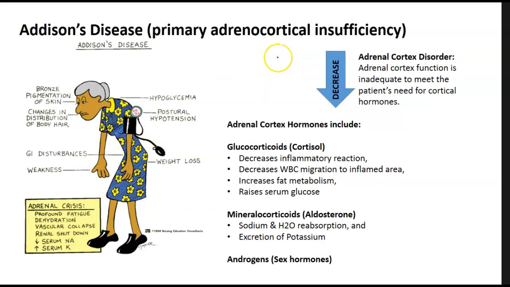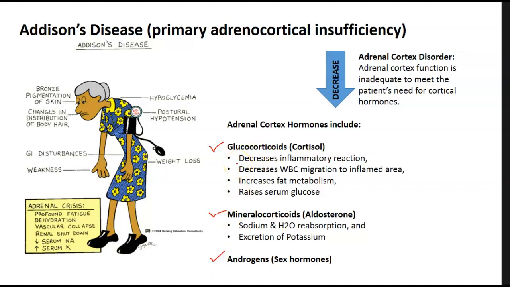Addison's. So Addison's is basically when you have a primary adrenocortical insufficiency. You're going to have a decrease in some different things. And it can be all 3. It can be 2 of the 3. But you're going to see a decrease in cortisol, aldosterone, and androgens.